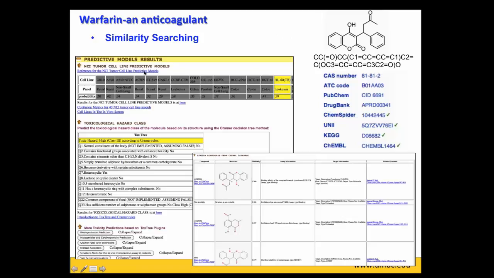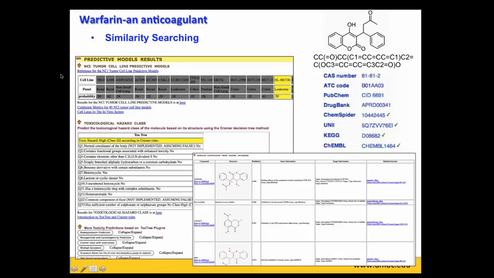On top of that, you can see this is one of the prediction models we created based on the NCI tumor cell lines, where the data we retrieve is from the NCI DTP program. Originally they have 60 human cell lines, but just because of the computational cost, we generate 40 random forest prediction models for each of these cell lines.